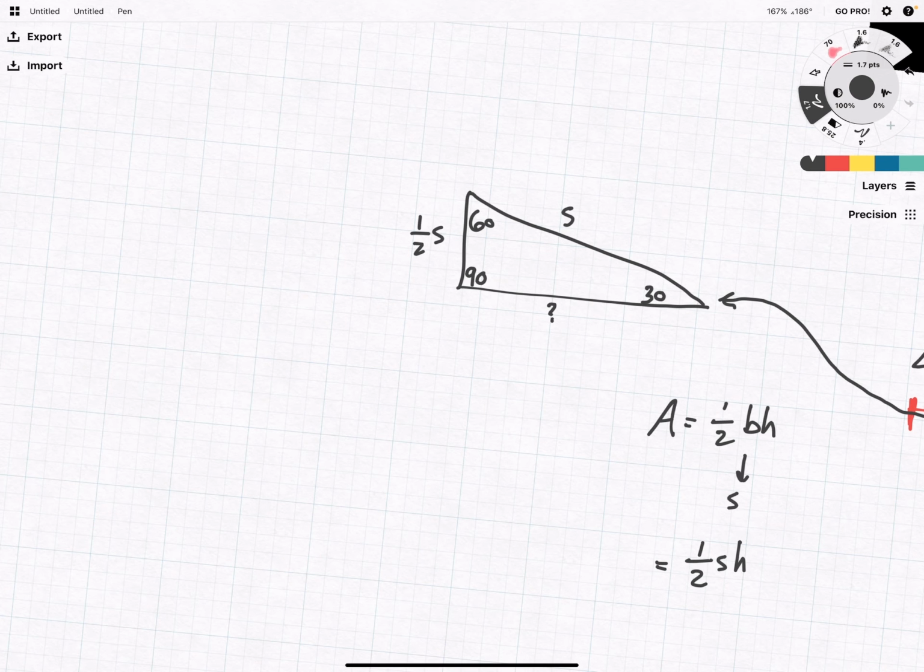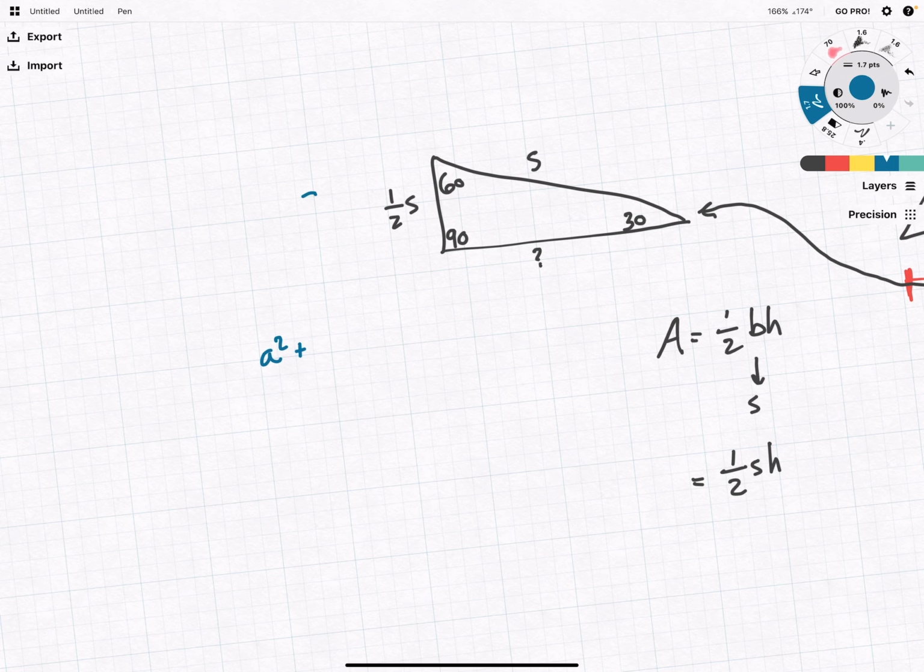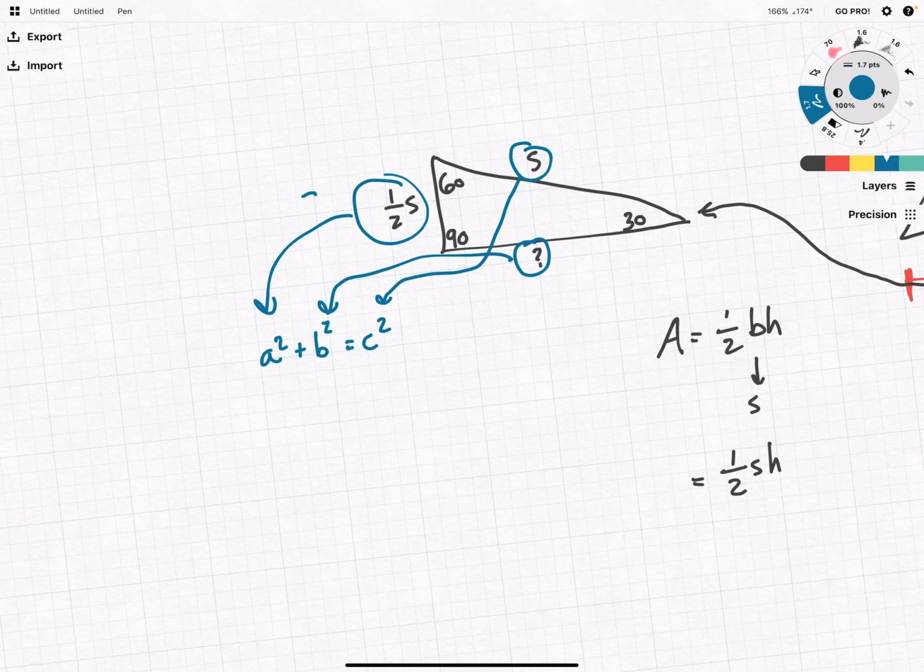We can find that mystery number by using the Pythagorean theorem. So let's do that. We have a squared plus b squared equals c squared. Let's denote this value as a, the question mark will be b, and s is going to be our c value. Let's plug that in. We have 1/2 s squared plus b squared equals s squared.